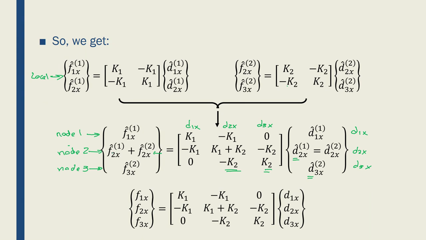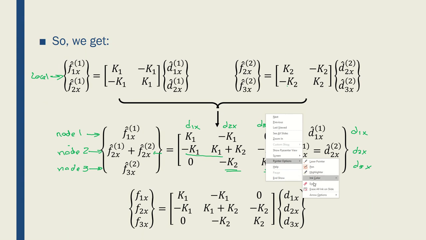Now F2x1 plus F2x2 is equal to this: minus K1 times D1x plus K1 times D2x, and so on. So I can write them here. These parts come from there. And then let me just change the color of the ink to make it more efficient.